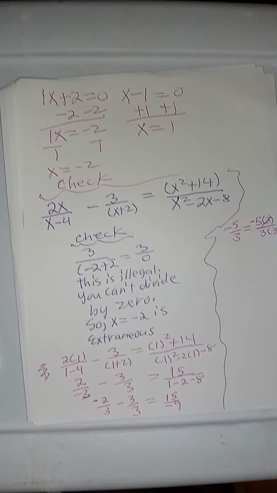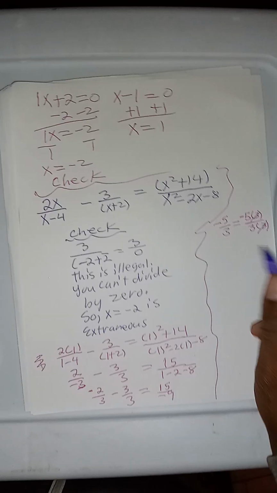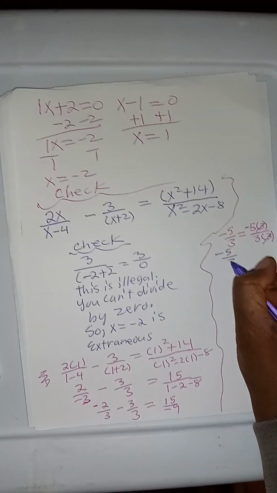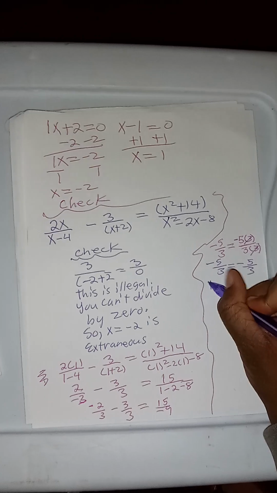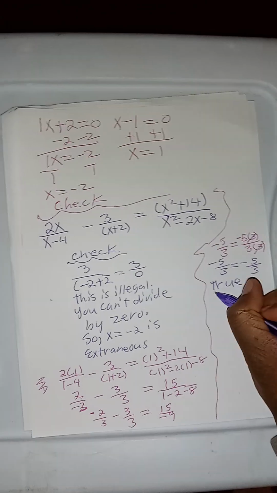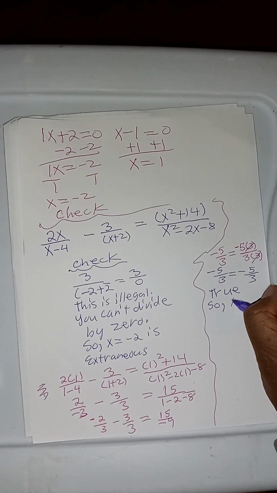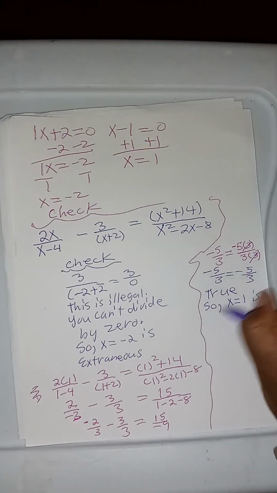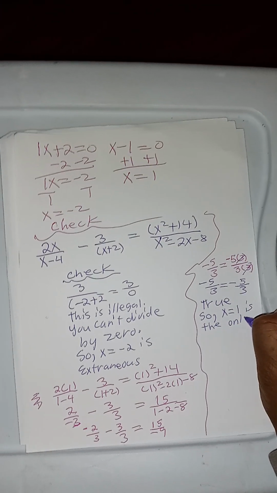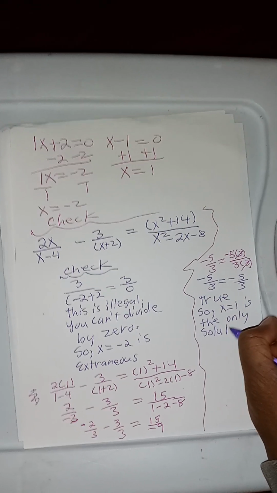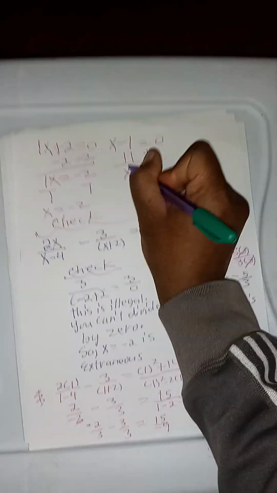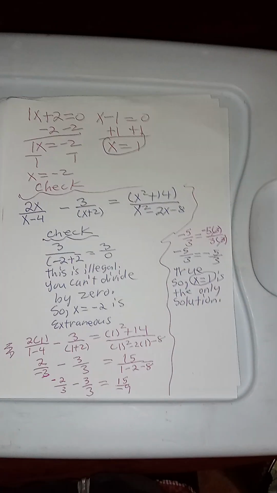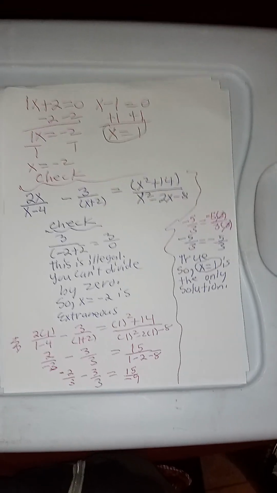And then one of the 3's can cancel out in the numerator and denominator. And then here, -5 over 3 is equal to -5 over 3. So this is true. So x equals 1 is the only solution. So we can go back and circle that since we know x equals 1 is the only solution.